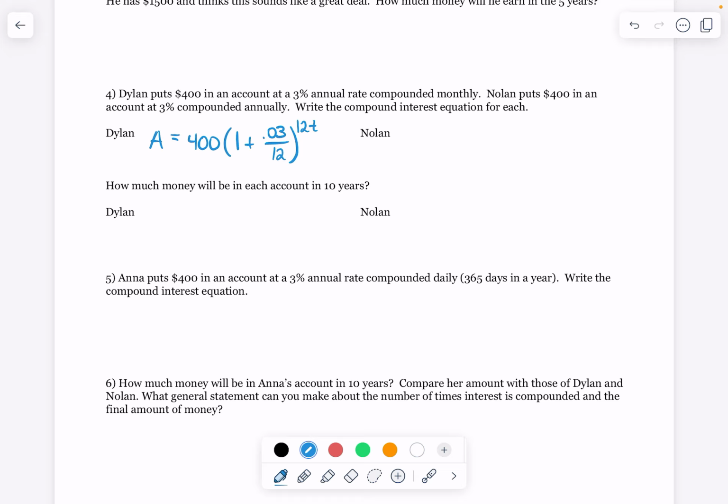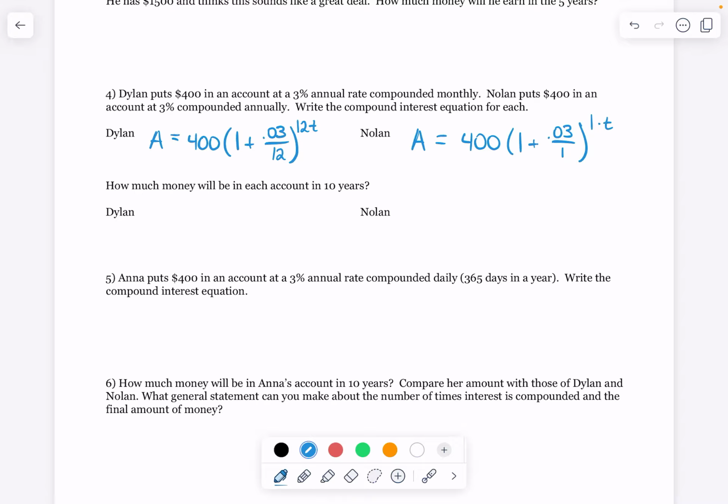We're just doing this as a general formula right now, not over a specific time frame. And then for Nolan, it's going to look very similar, except this is only compounding annually. Okay, so our n value is going to change from 12 to 1. It's going to be raised to the 1 times t.